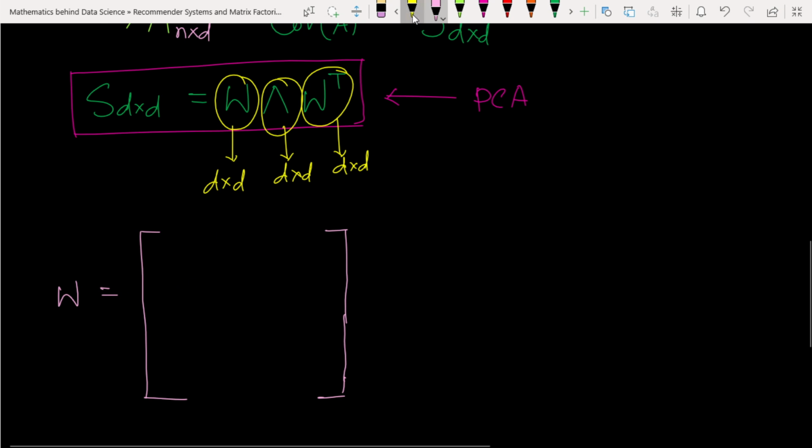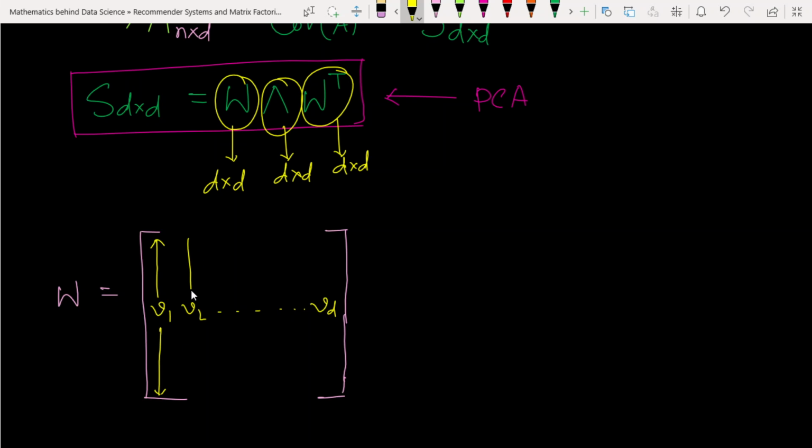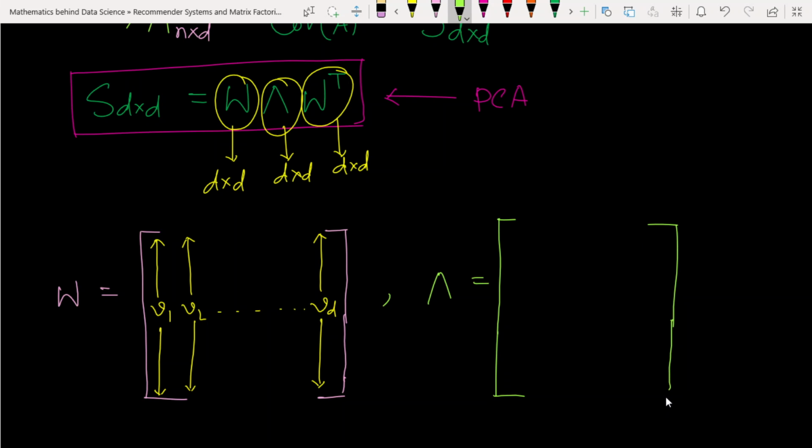The column vectors of W are the eigenvectors: vector 1, vector 2, up to vector D. These are the eigenvectors, and the eigenvalues will be here, something like this: lambda 1, lambda 2, lambda 3, up to lambda D. The off-diagonal values will be 0.